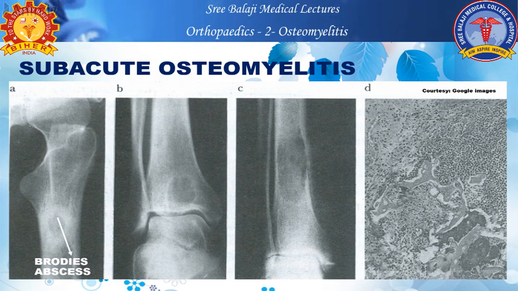X-ray will show an osteolytic lesion in the metaphysis of the long bone with a dense sclerotic margin. This is an X-ray picture of subacute osteomyelitis in the proximal femur and the distal tibia. It is called Brodie's abscess. Treatment is drainage of the pus and thorough curettage of the cavity.